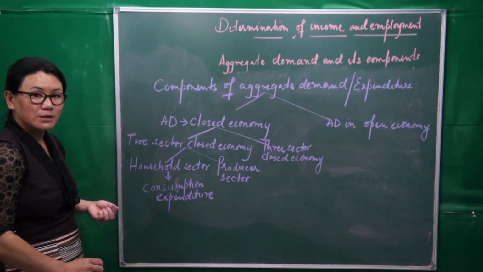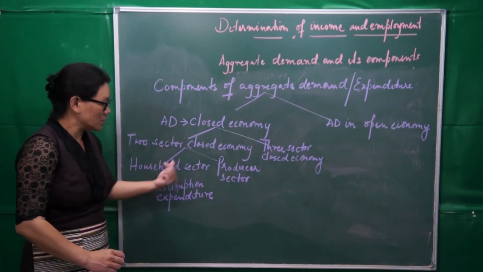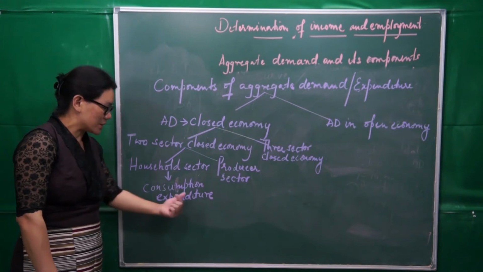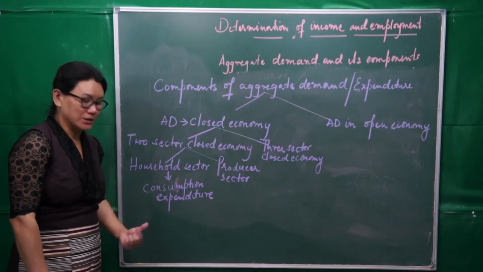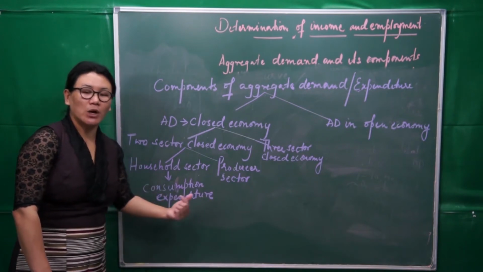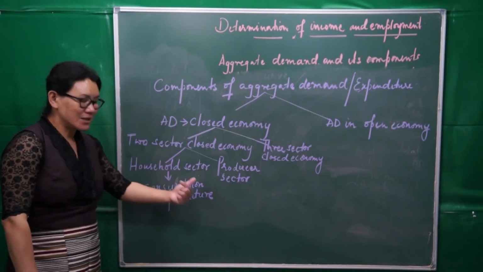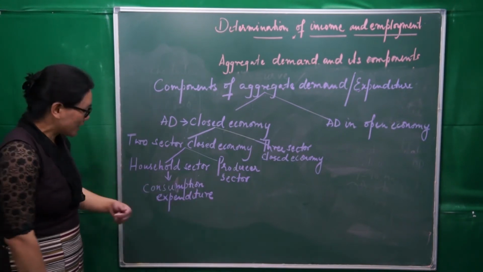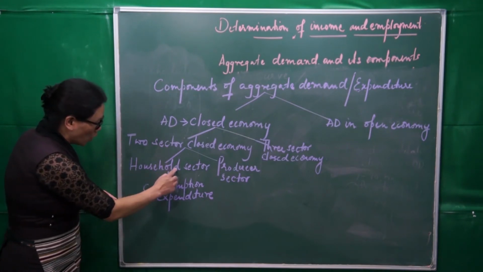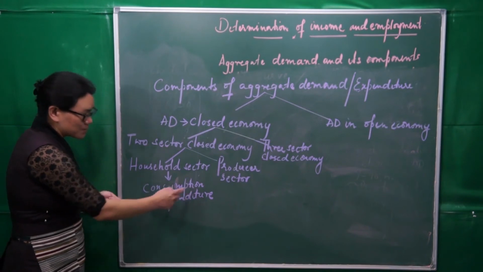All right. So I said household sector will make expenditure for what? For consumption purpose. We call it as consumption expenditure. Or we can say, it is called as household consumption expenditure.